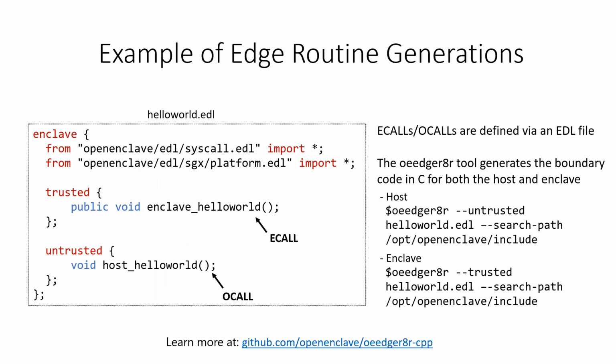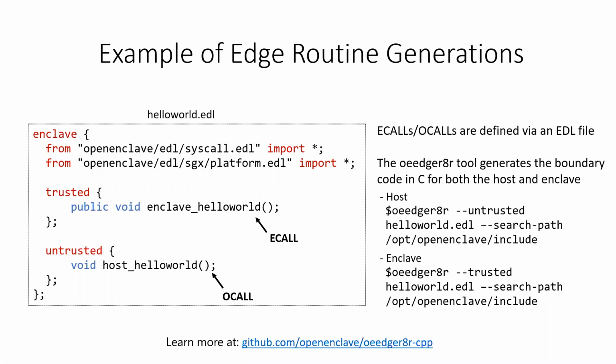Okay, this is an example of how an EDL file looks like. As I said, this is really to define all the boundary functions that your application may use. The trusted section defines all the ecalls that can be called by the host. And the untrusted section defines all the ocalls that can be invoked by the enclave program.